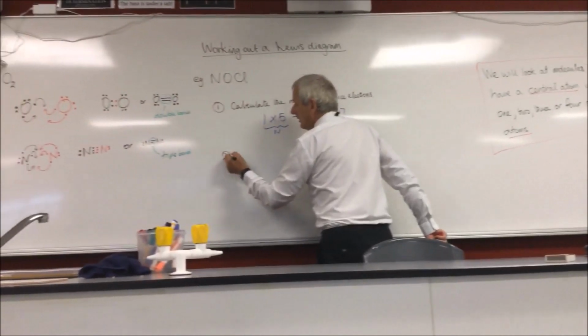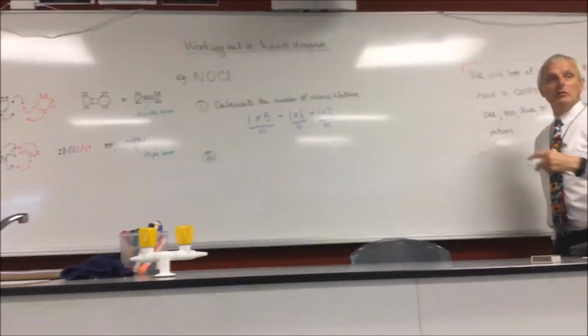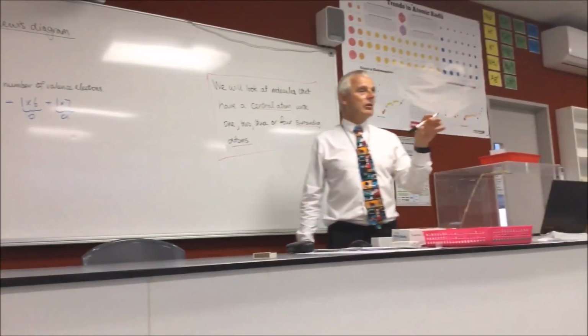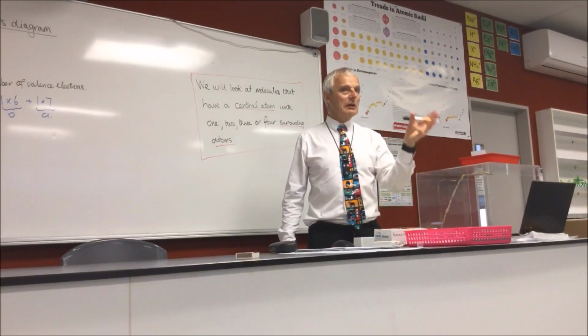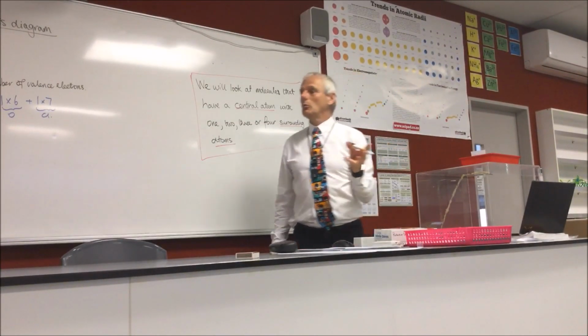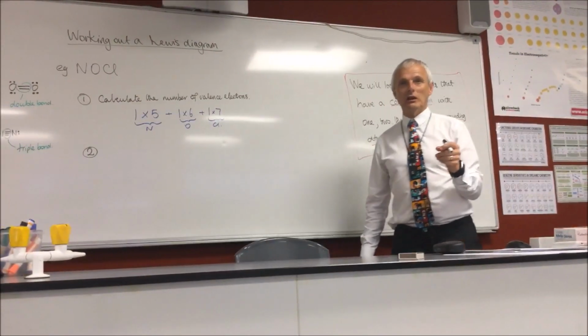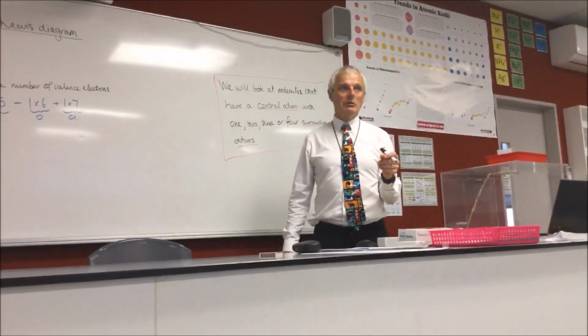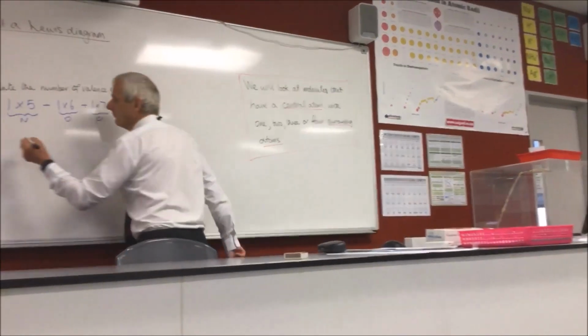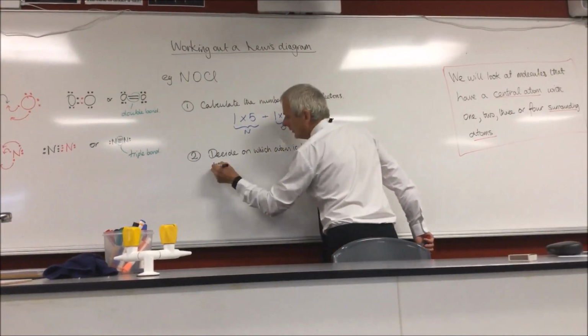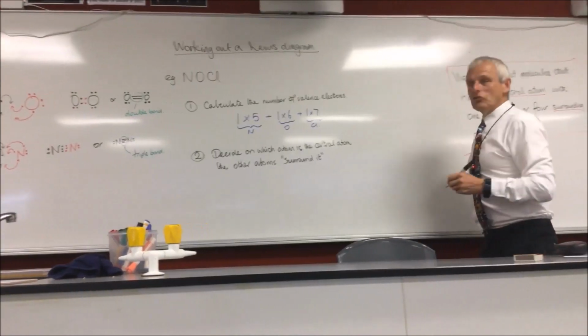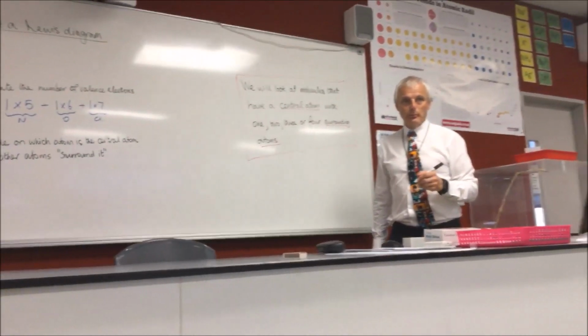We said over here that what we're dealing with is molecules where you have a central atom and a number of surrounding atoms. So we have to, in the next step, decide which is our central atom and which is our surrounding atoms. And it's a simple rule.